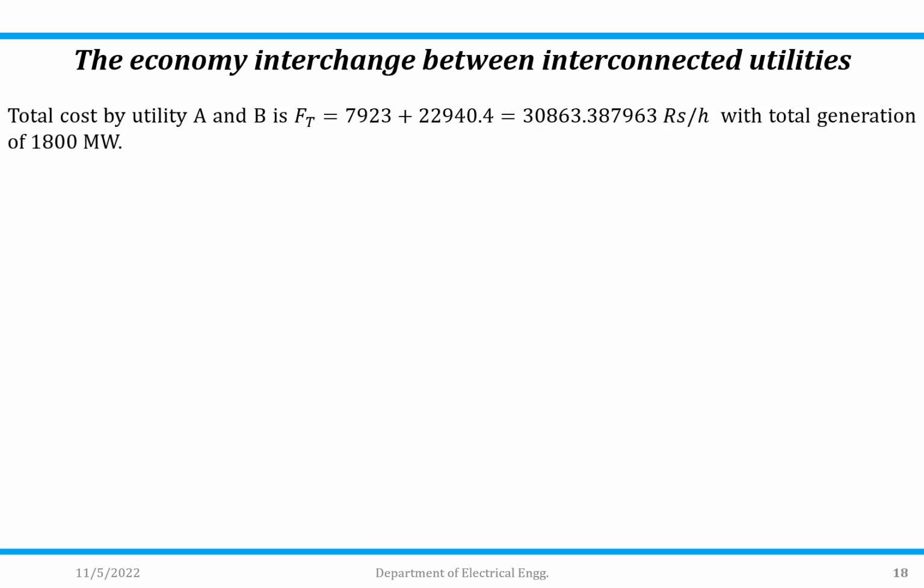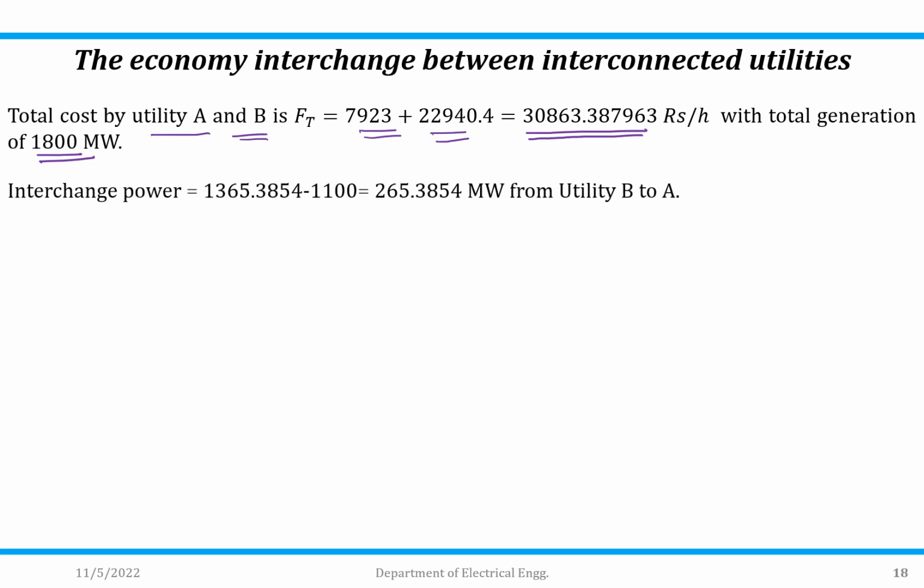Now the total cost by utility A and B, how will we find it? Initially it was 7923, which we saw in the previous slide, and 22940.4, which we also saw. If we add these, for the total generation of 1800 megawatt, it requires 306863.387936.